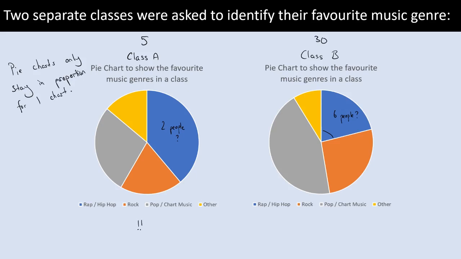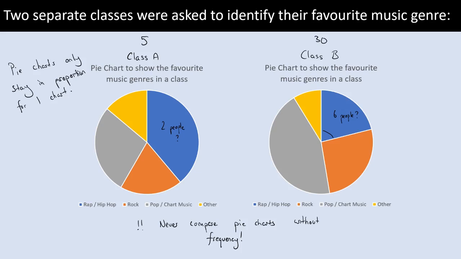And I would say never compare pie charts without frequencies, okay? Because the pie charts look as though they're telling you something, but actually they're not, okay? They're just telling you, are things in proportion for the one class at a time, okay?